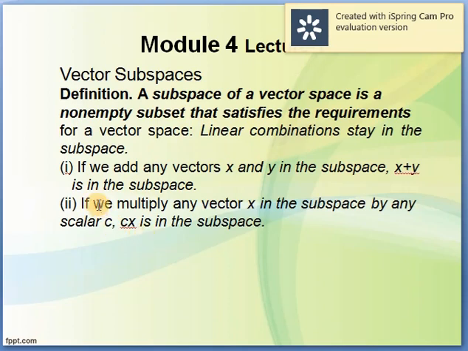By the second property, if we multiply any component x or y by a scalar, and here the scalar can be anything from minus infinity to plus infinity, then that should also belong to the subspace; the subspace should contain that multiplied value.